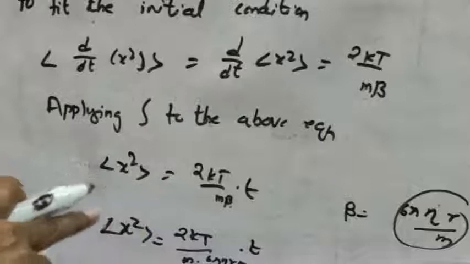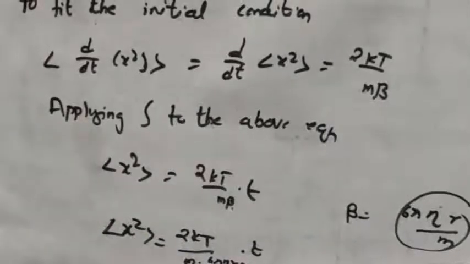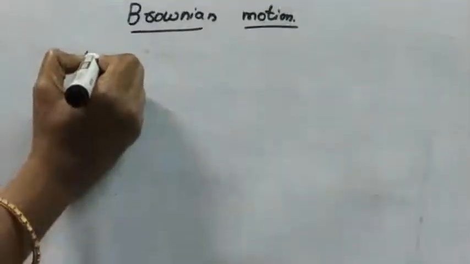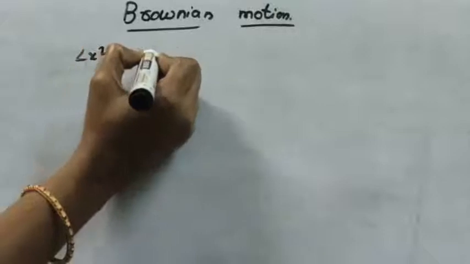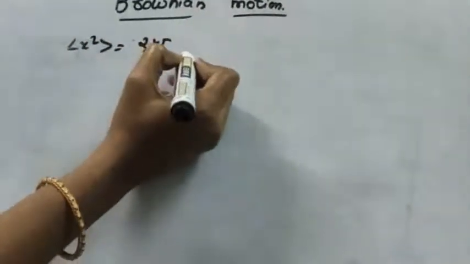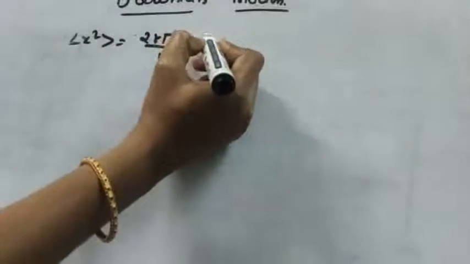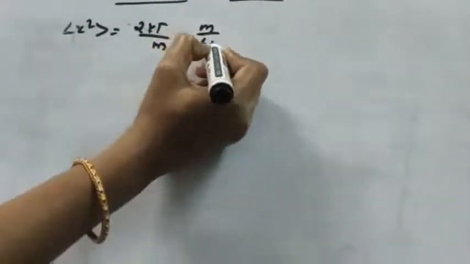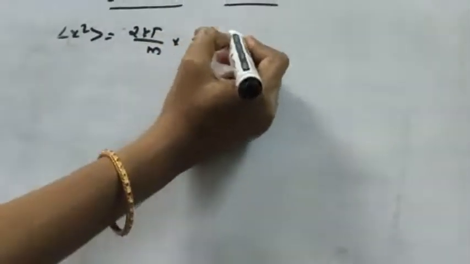Now we can write this equation as observable x square is equal to 2kt by m. Here 6 pi eta r by m, so we can write it as into m by 6 pi eta r into t.